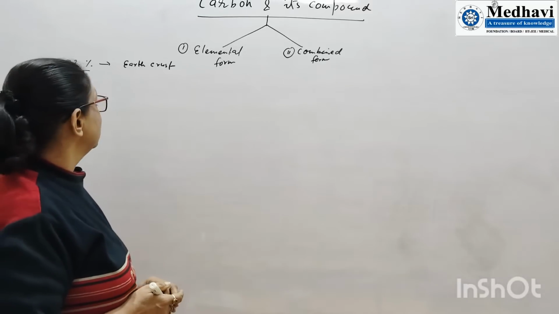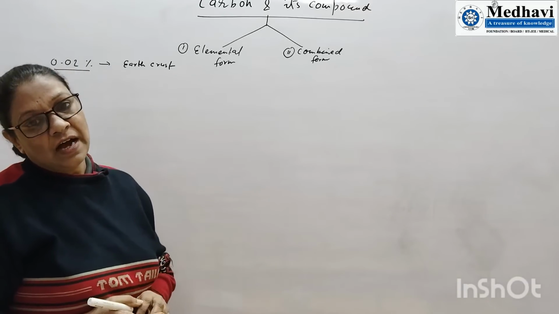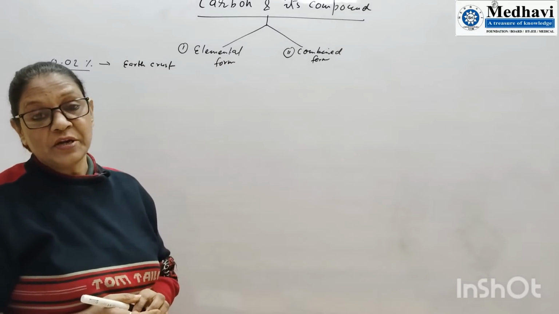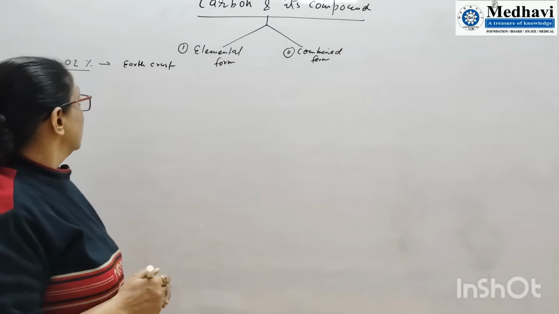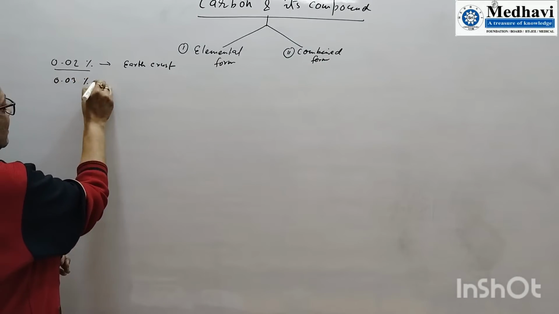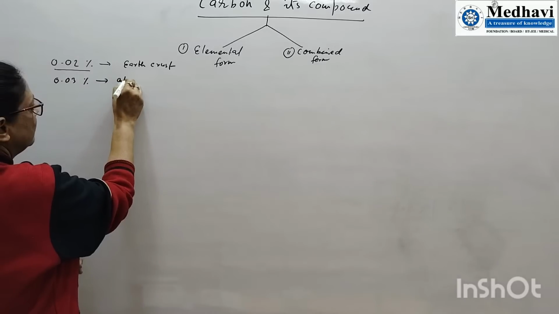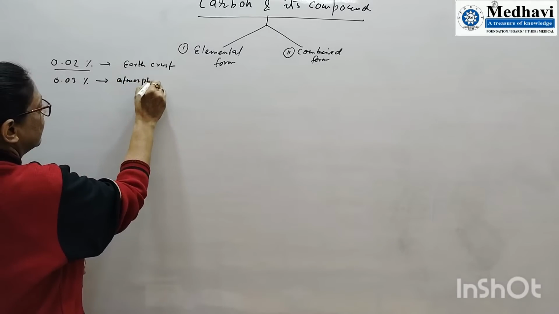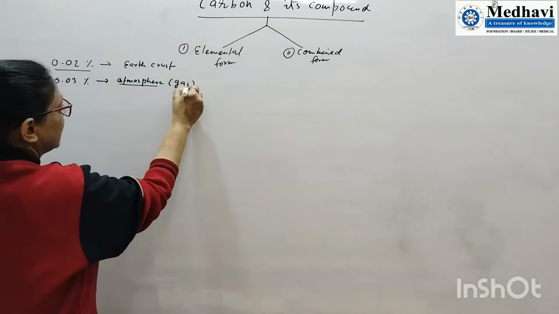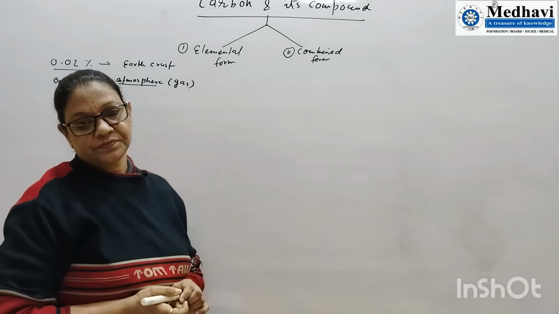You can see that it is present in the form of carbonates, coal, petroleum. And 0.03% carbon is present in the atmosphere, in the form of carbon dioxide gas.